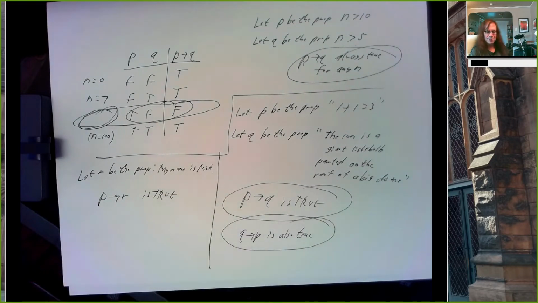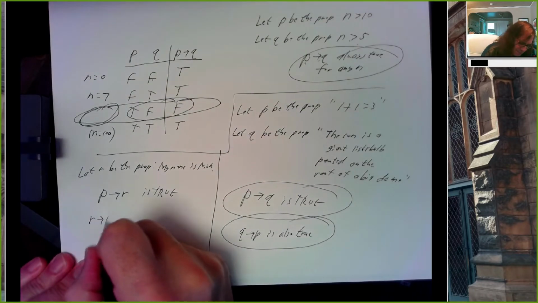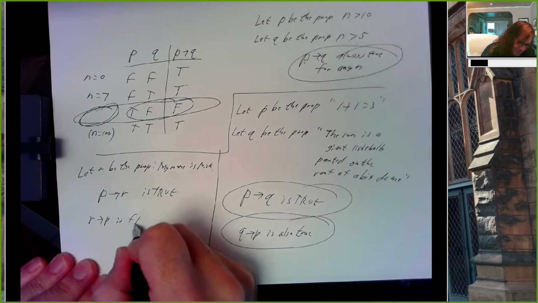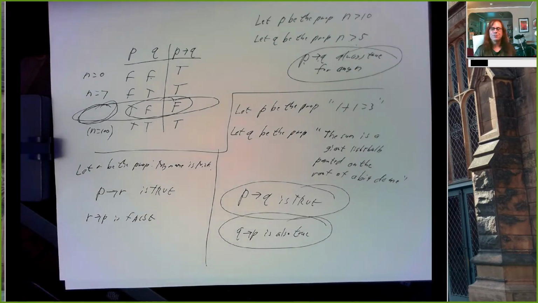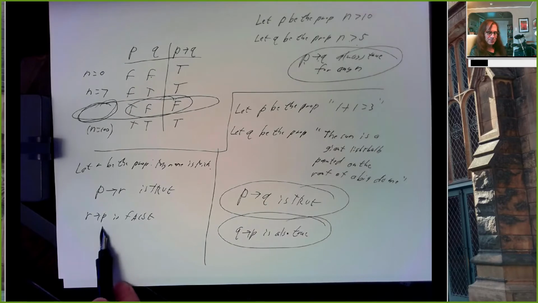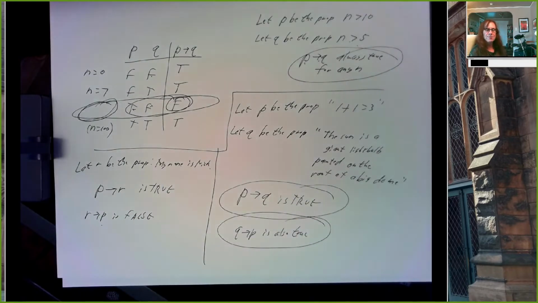If 1 plus 1 equals 3, then my name is Nick. But R implies P is false. If my name is Nick, then 1 plus 1 equals 3. Well, that is not a true proposition. Because that's true, that's false. True, false, the implication is false.